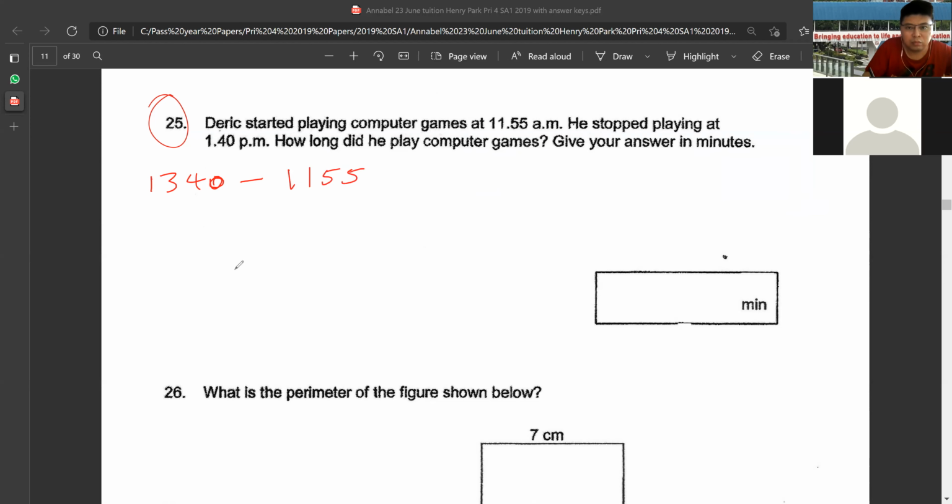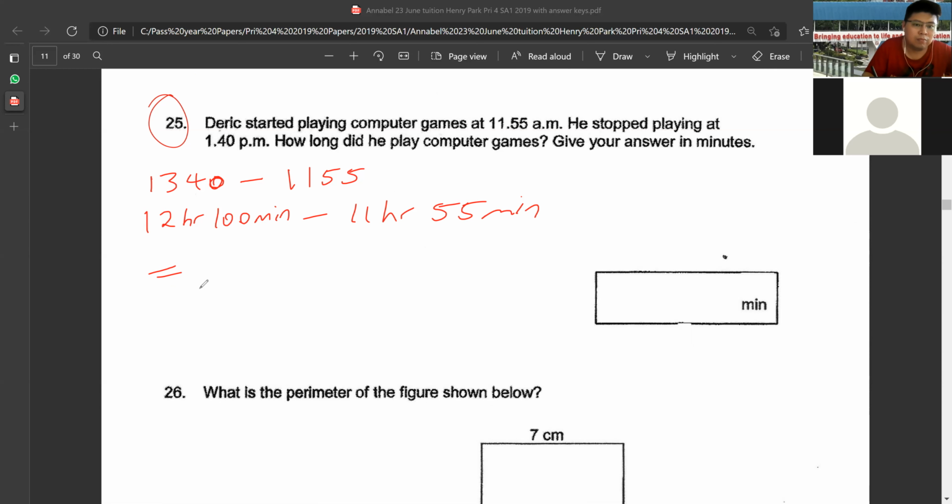But in minutes, then 1 hour is 60. Okay, this one, you change to 12 hours, 100 minutes, minus 11 hours, 55 minutes.